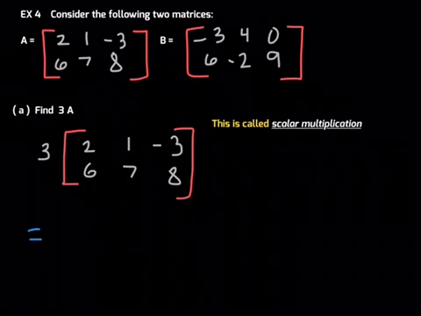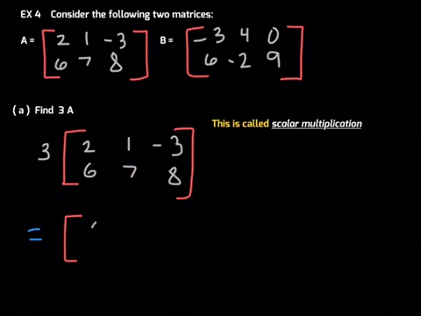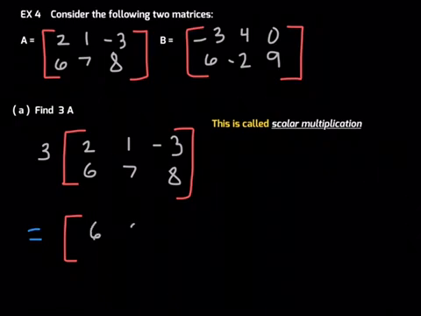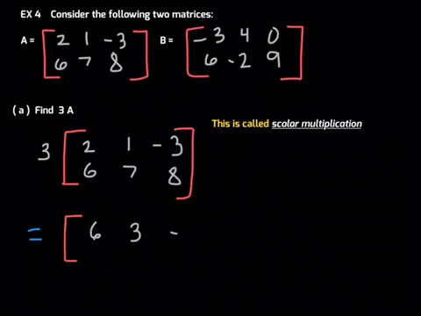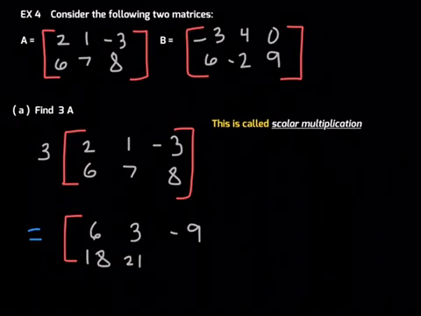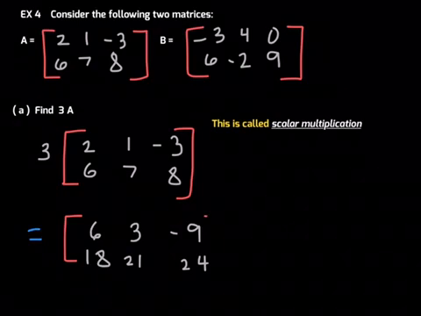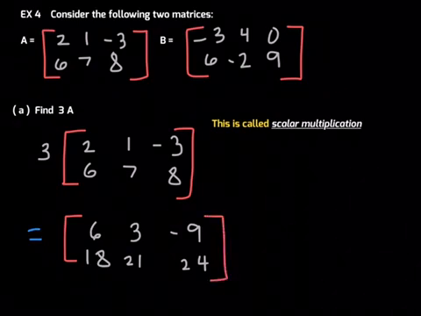So our entries for our product here will be 3 times 2, which is 6, 3 times 1, which is 3, 3 times negative 3, which is negative 9. Now I'm in the second row. 3 times 6 is 18, 3 times 7 is 21, 3 times 8 is 24. And that's it. This is 3 times A. Isn't that pretty cool? This is scalar multiplication, the first kind of multiplication that we're looking at.